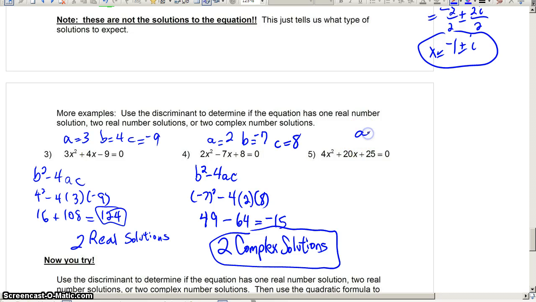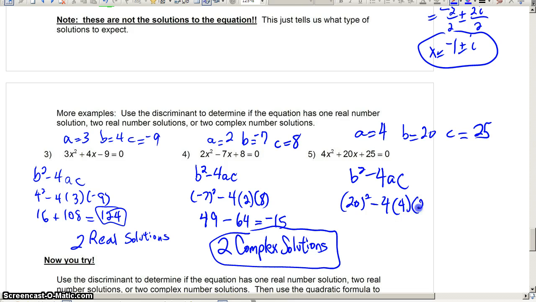Last but not least, let's work through this pattern with number 5. A is 4, B is 20, C is 25. Again, quick problems here. B squared minus 4AC, we would get 20 squared minus 4 times 4 times 25. Well, 20 squared is 400.